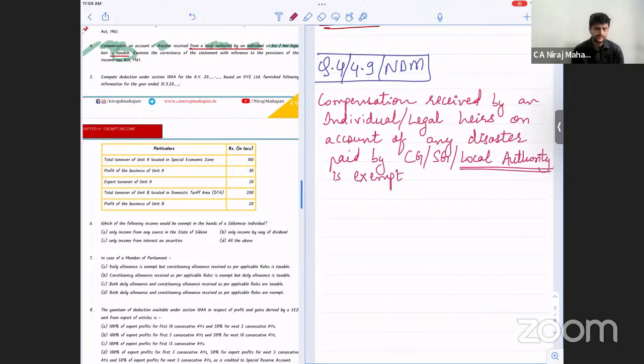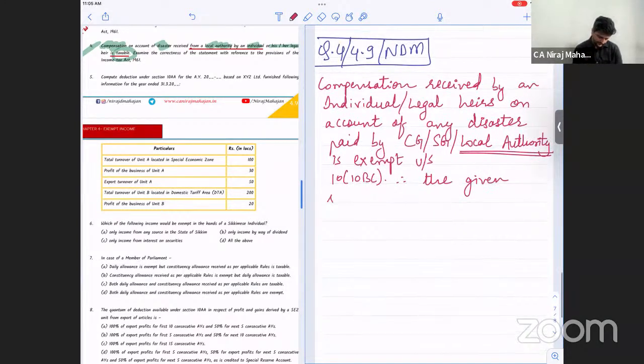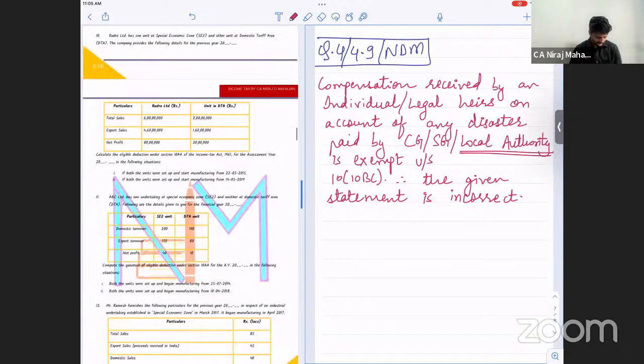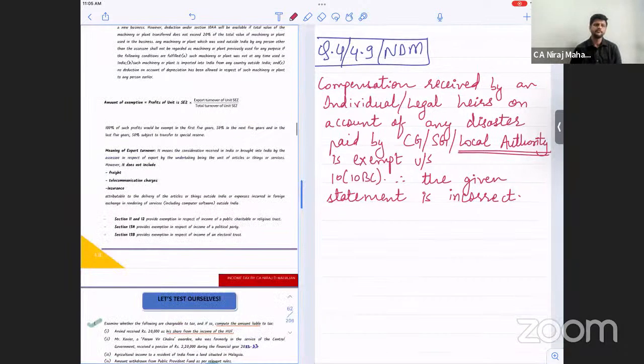They'll purposely ask you about local authority, because people remember CG or SG also. But local authority, always be careful. It is exempt under section 10(10BC). Correct, Elia? Therefore, the given statement is incorrect. Fine.